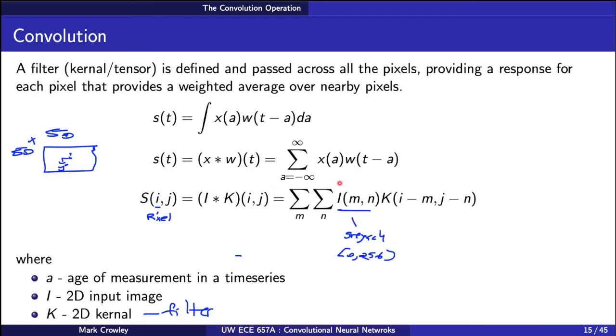You can still represent that response at the hidden node by that function, and it's important that each of these parts is still differentiable. So the kernel itself is just being combined as a weighted sum, so the gradient will work the same way.